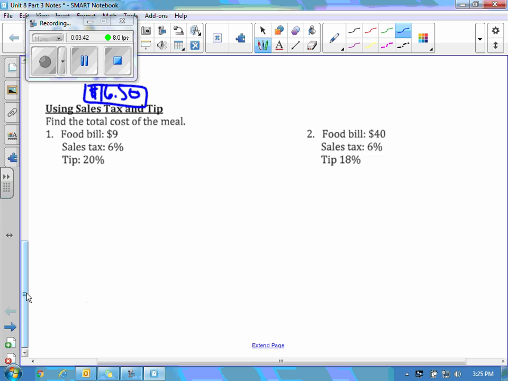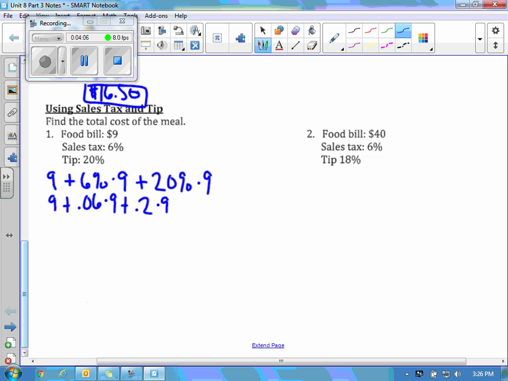So my total cost for my meal is going to be my food bill, which is $9, plus tax, which is 6% of the $9, plus the tip, which is 20% of the $9. Notice everywhere I say of, I'm putting a multiplication sign. So I have $9. I have to turn 6% into a decimal, so 0.06 times 9, plus 0.2 times 9.